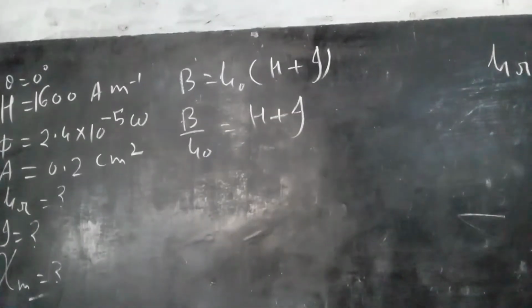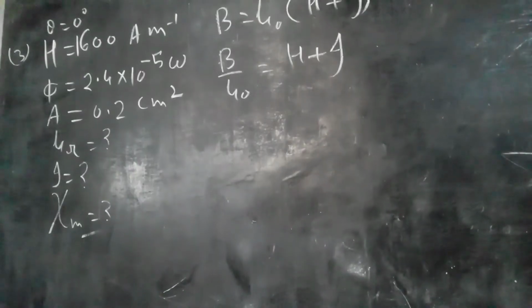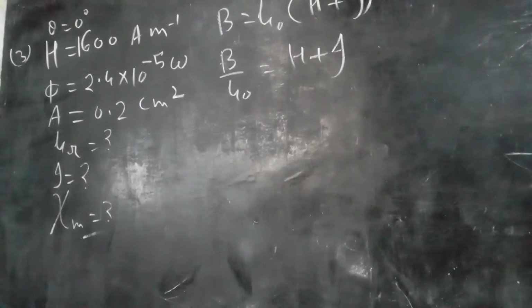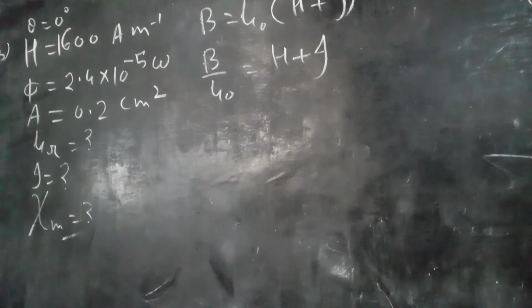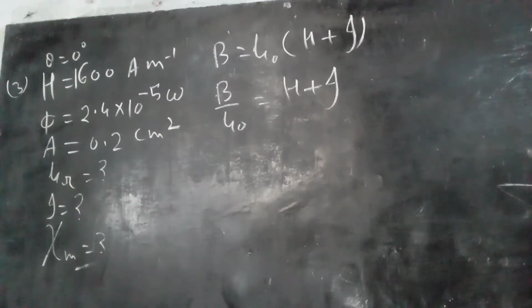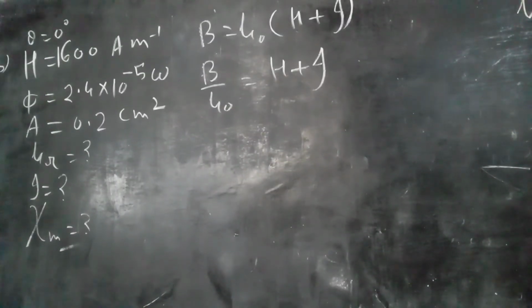Now we find intensity of magnetism. We have determined magnetic susceptibility, which is 595.9. Now we find intensity of magnetism. Write this.